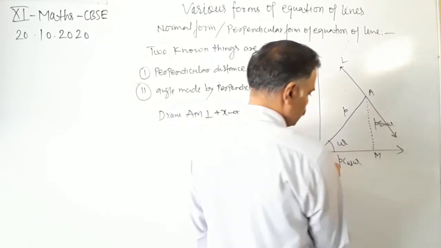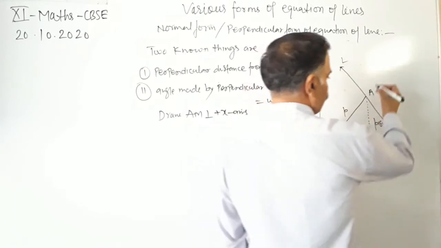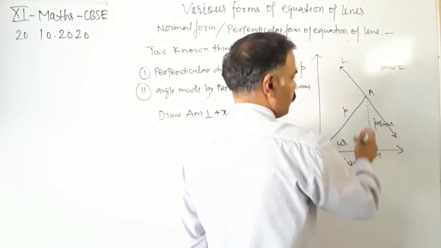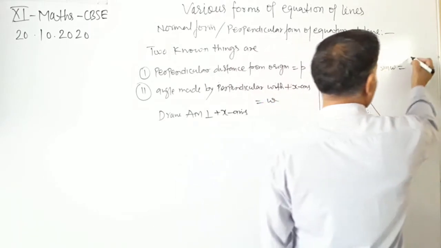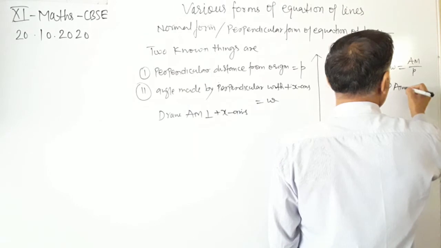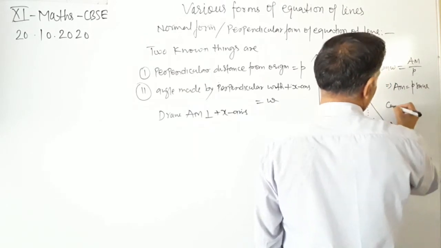We can use the right triangle OMA. Sin omega is equal to perpendicular upon hypotenuse, that is AM upon P. So AM is equal to P sin omega, and similarly OM equals P cos omega.